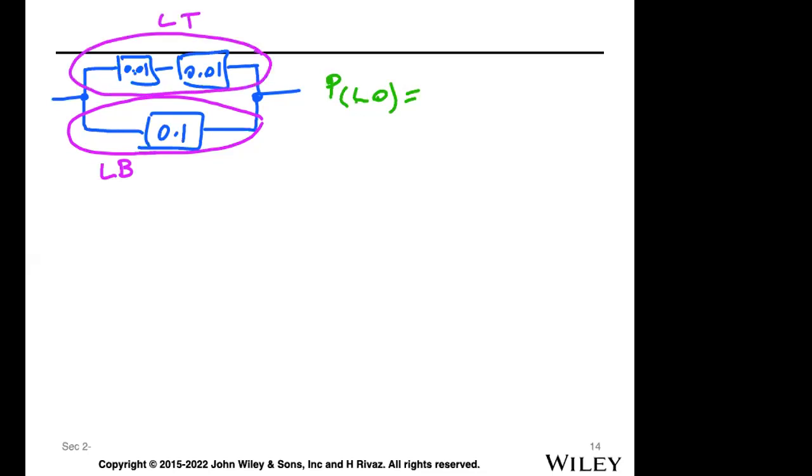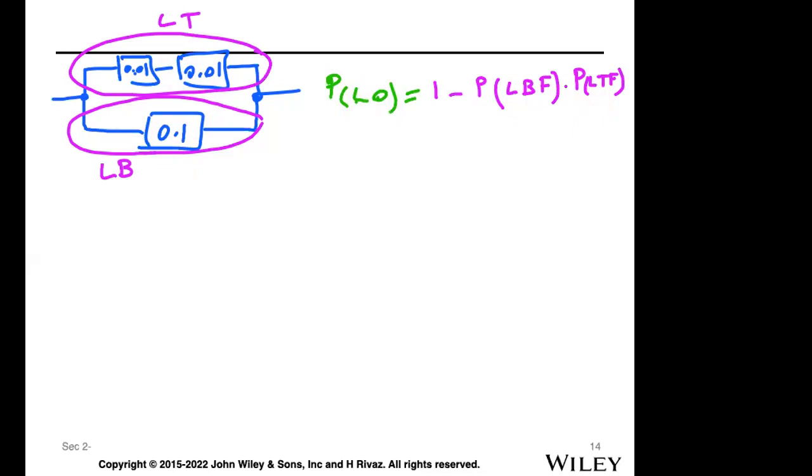So this is going to be 1 minus the probability that both the top part and the bottom part fail. That's the only case in which this thing cannot operate. If both of these fail, then this fails. So 1 minus that is the probability that I want.